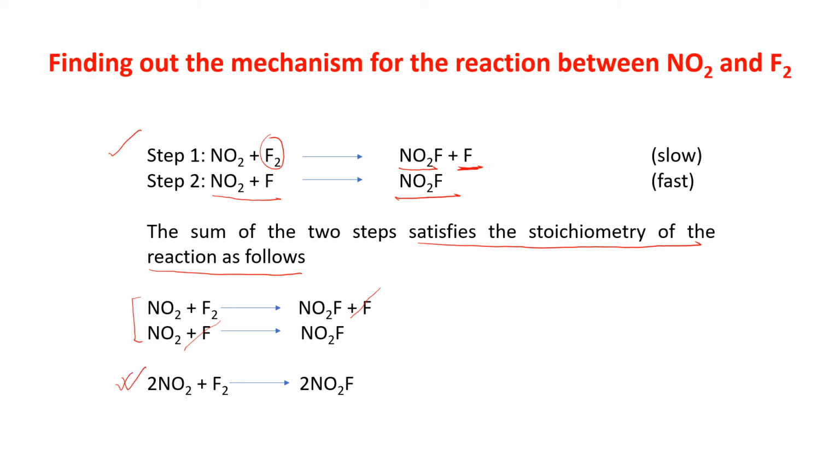This was my stoichiometry; we started with this reaction only. So it satisfies the stoichiometry also, and I can write the mechanism of this reaction like this. Is it okay?